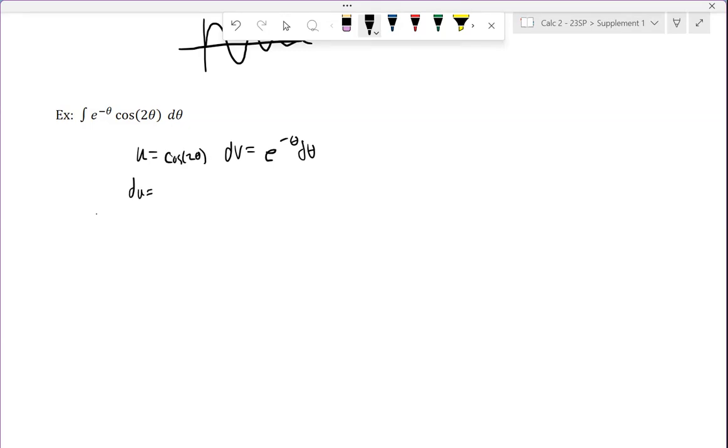du then is going to be cos differentiates to minus sine, and we get a 2 popping out. Sine of 2 theta. And then v is just going to be negative e to the negative theta. And I need a d theta here.